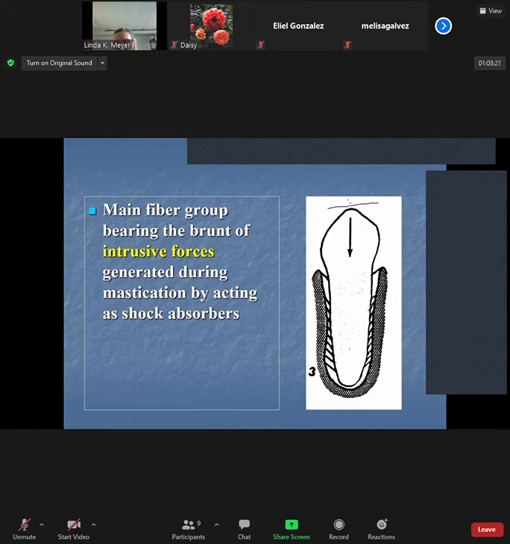Is it the oblique? Okay, good. So it's the oblique fibers that are the main fiber group. They're the largest group, and they keep your tooth from being forced down into the alveolar bone. They prevent that. They keep it suspended, and they act as shock absorbers.